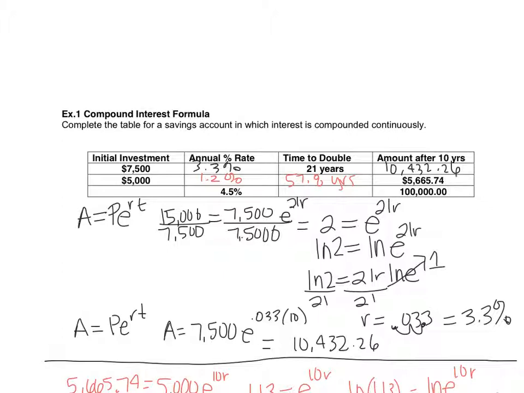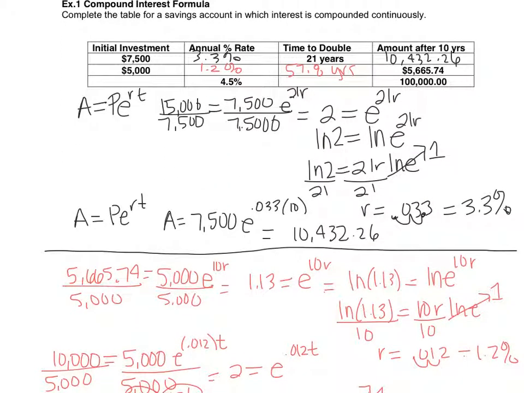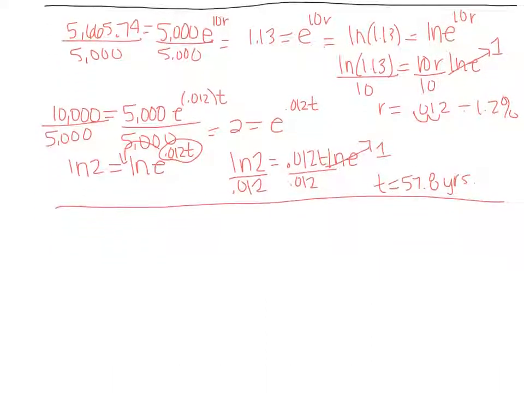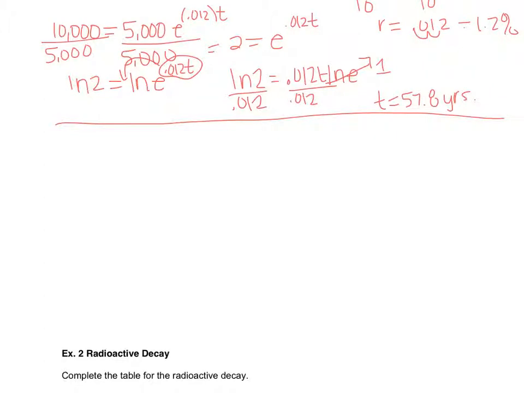So I don't know what my initial investment is. That's something that I'm going to solve for. But I do know the rate is 4.5%, and I do know that after 10 years I have $100,000. So I'm going to go ahead and use my formula and plug in what I know. So I have A equals Pert.